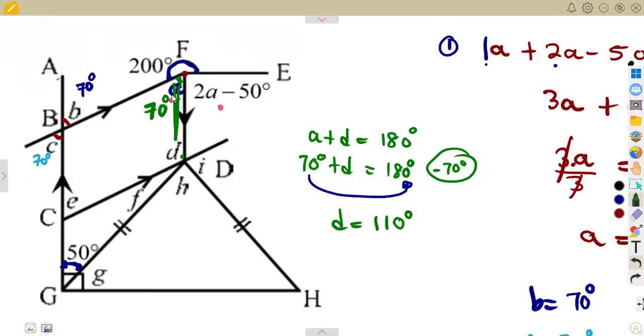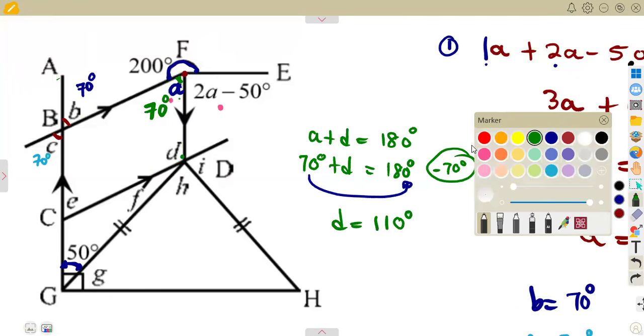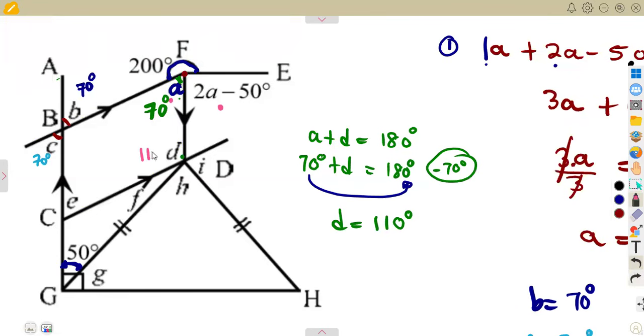We took this one from co-interior angles, which are supplementary. They add up to 180 degrees. So if you add this 70 at A and this 110, you get 180 degrees. That is the supplementary part.